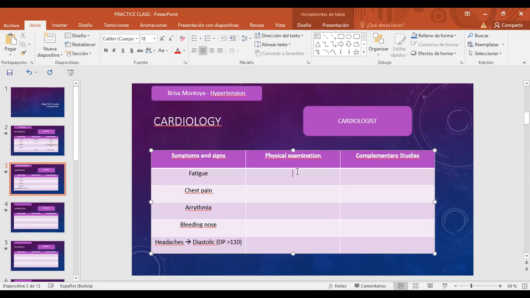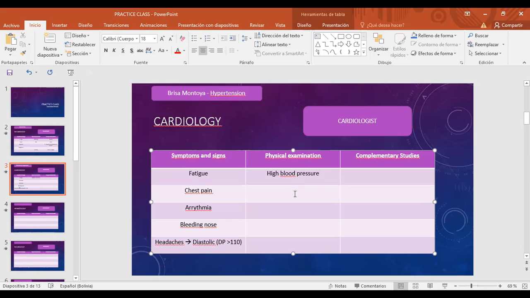The high pressure. Yes, high blood pressure. Okay, anything else? Well, maybe the sodium is high too. The sodium?